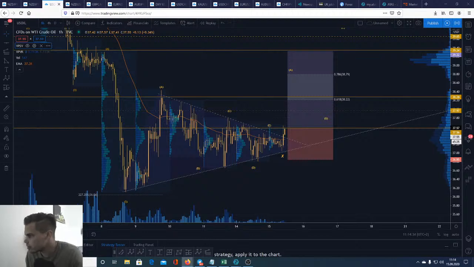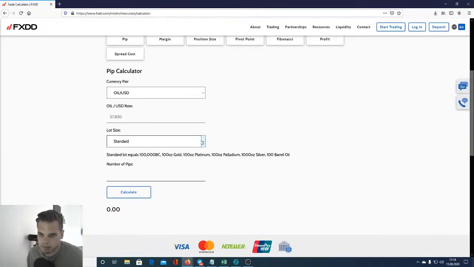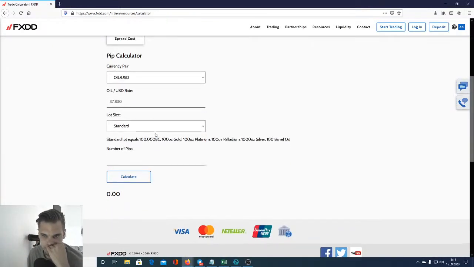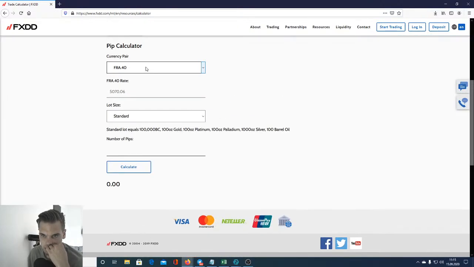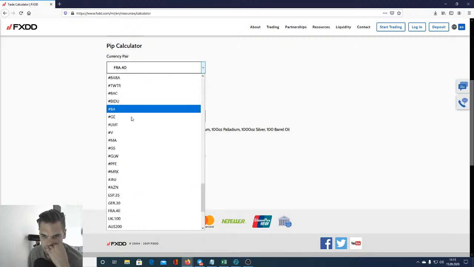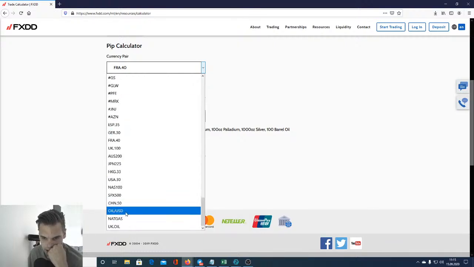How do you calculate crude oil? Yeah, you need to use other calculators. For example, you can Google it. I mean, let's look for one. What I would really recommend is, oh wait, I got one here, is to use cTrader, because cTrader always, yeah, here, look. They also got stocks and indices like oil USD.